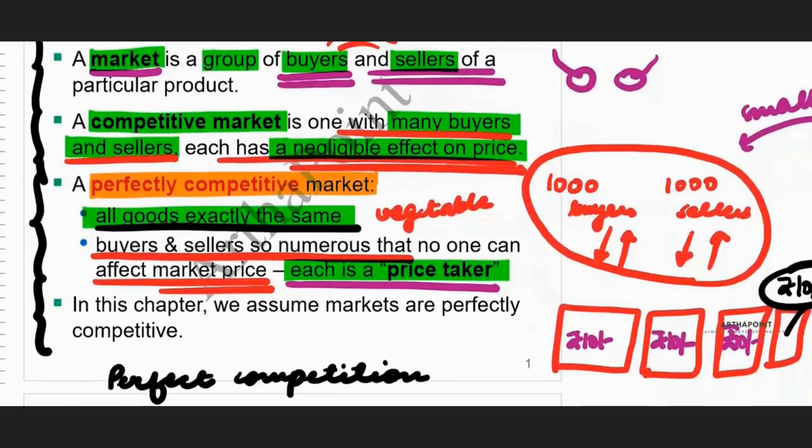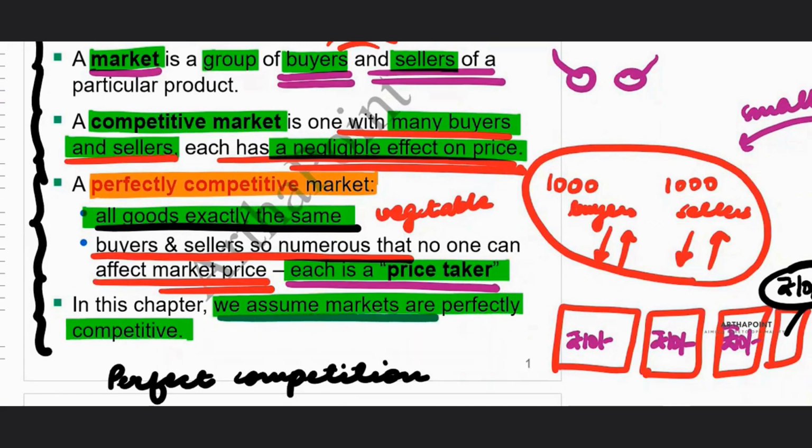But till the point we actually introduce monopoly, we are always going to assume that markets are perfectly competitive, that the prices are determined in the market, and any individual person is going to just take price as given.